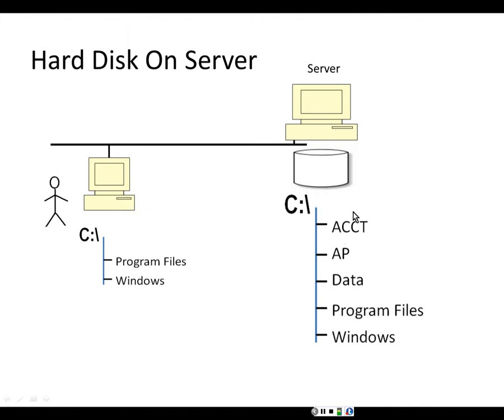And we have one folder which has accounting information in it. And we want the users at the workstations to be able to get to the data in the accounting folder. So what we do is we share the accounting folder. When you share a folder, it makes it so users from workstations can then connect to that folder so they can access the files in that folder.